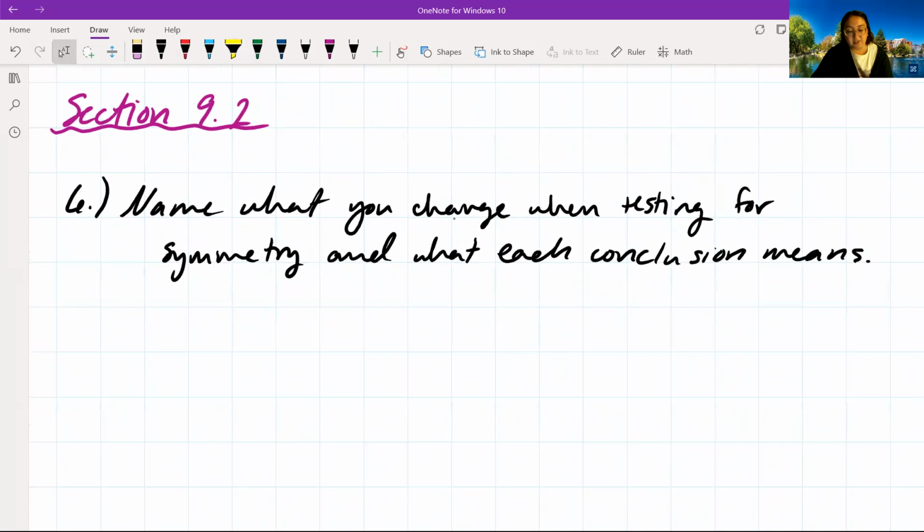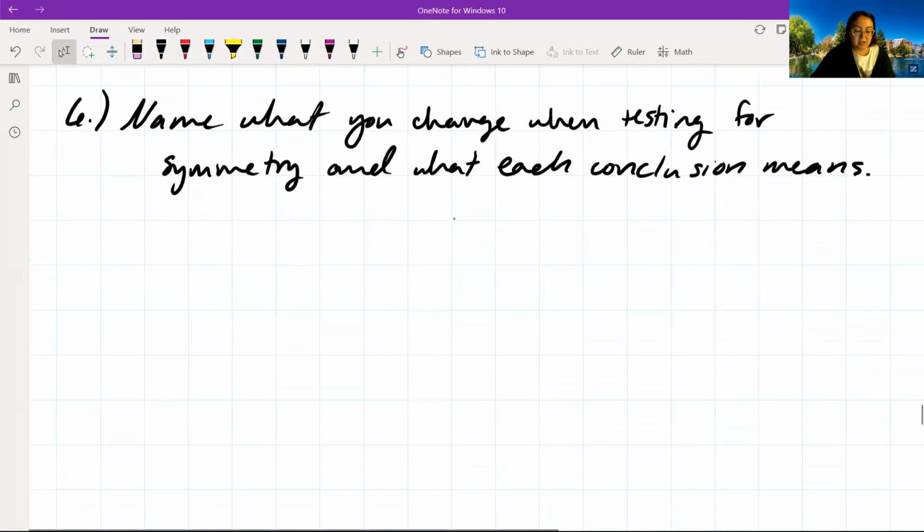Now in section 9.2, problem 6, we just want to name what you changed when testing for symmetry and then what each conclusion means. So remember, when we were testing for symmetry, we were testing for 3 things.